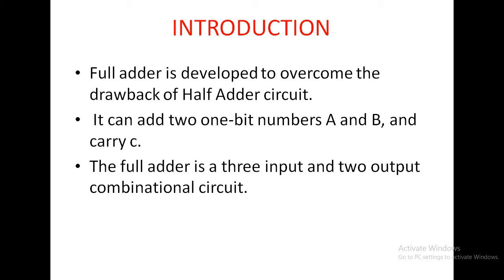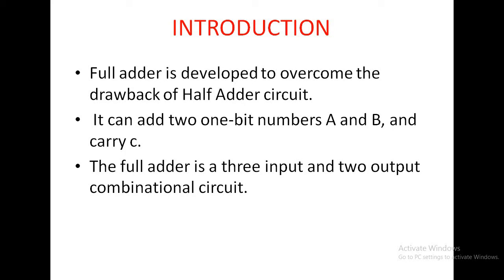In case of half adder, 2 inputs are there, but in case of full adder, 3 inputs are there. What are the 3 inputs? A, B, and the third thing is the carry, which is not present in half adder.